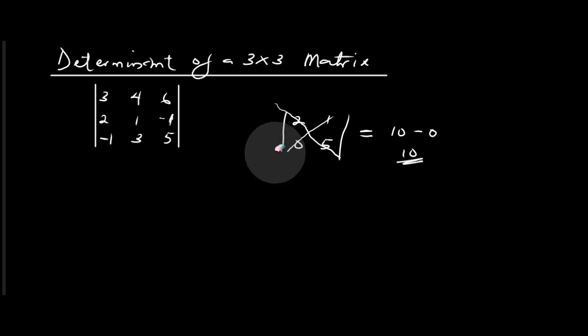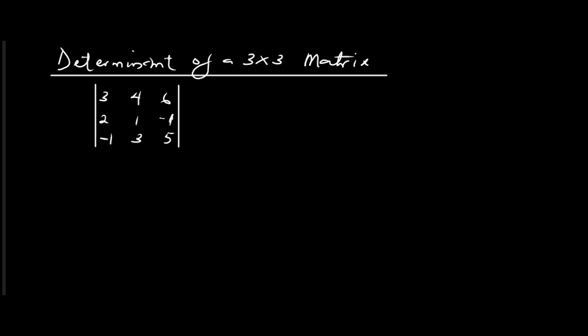But in the case of a 3 by 3 matrix, the first thing we need to do is find the cofactors. All right? We need to find the cofactors of this matrix. And to find the cofactors of this matrix, we need to expand the matrix either across the first row or second row or third row.